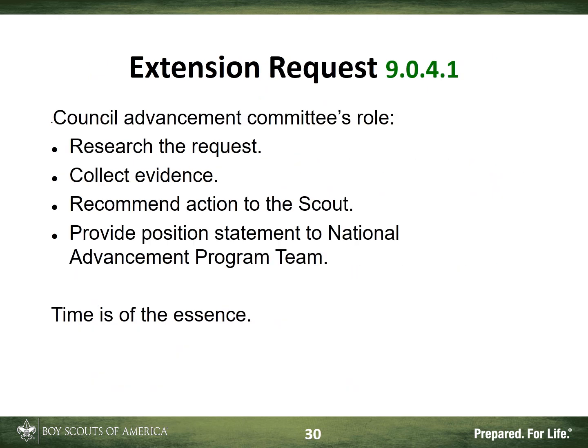Usually time extensions are between 3 and 6 months. The Council Advancement Committee's role is to look at the request, collect evidence, recommend action, and then provide all that information to the National Advancement Team, who then makes the final determination.